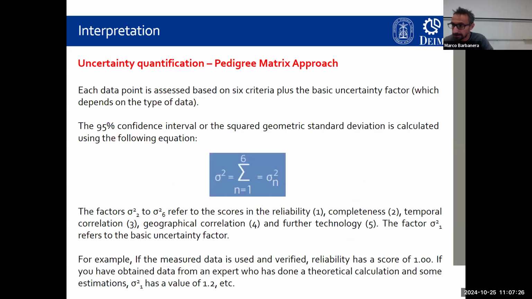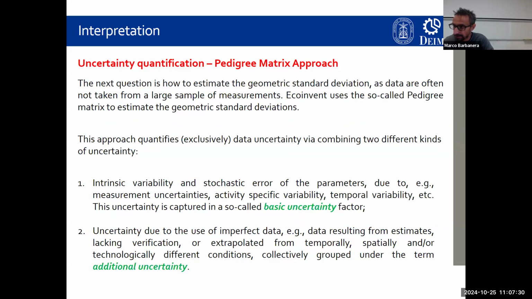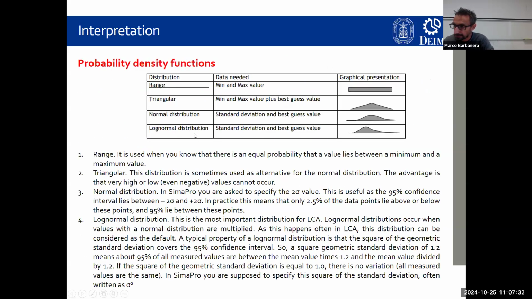I remind you that in order to define the log normal probability distribution for a parameter, we have to define the best guess value and the standard deviation, in particular the square standard deviation for the log normal distribution.